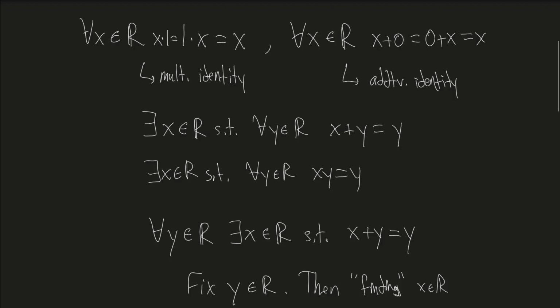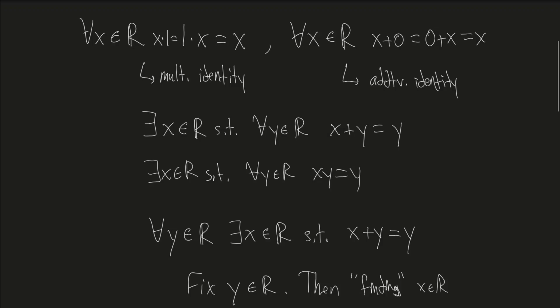The idea is that there is this one element that when we combine it in this operation with an arbitrary element of the set, it just acts as sort of giving the identity of that element. That's what we call the identity. Okay. And we could phrase it more abstractly in combination of quantifiers.